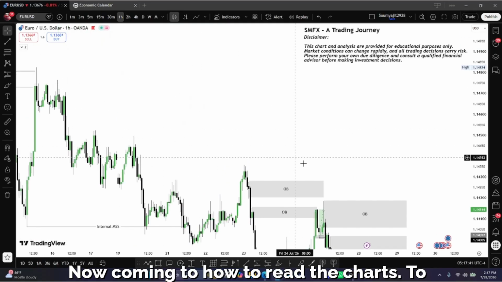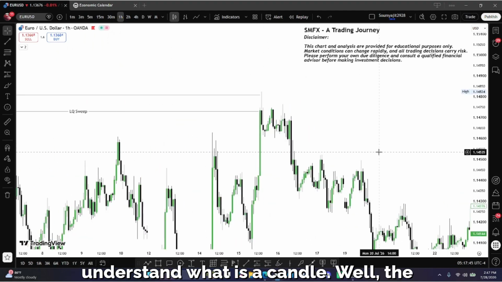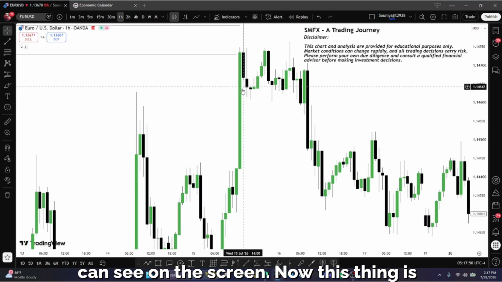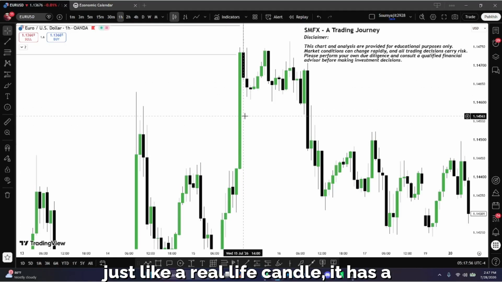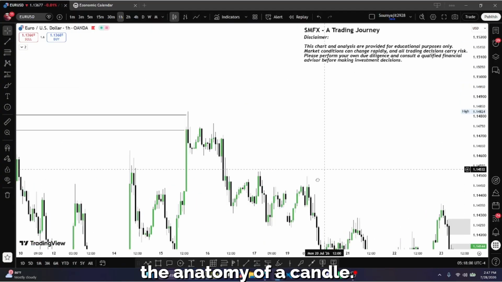This chart is very important because it is used worldwide by retail traders to understand the financial markets and their direction. Now coming to how to read the charts. To read the charts, first we have to understand what a candle is. A candle is this particular object that we can see on the screen. It is known as a candle because, just like a real-life candle, it has a body and a wick. Now coming to the anatomy of a candle.